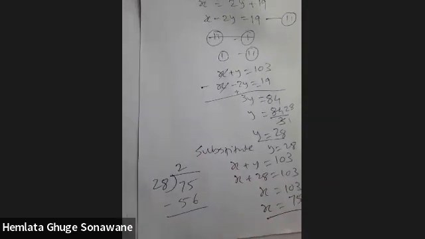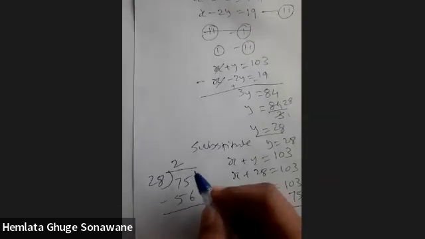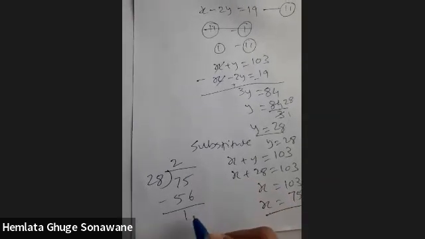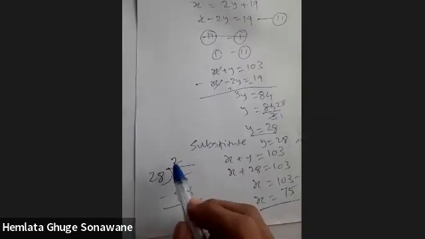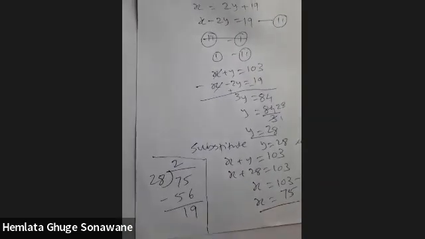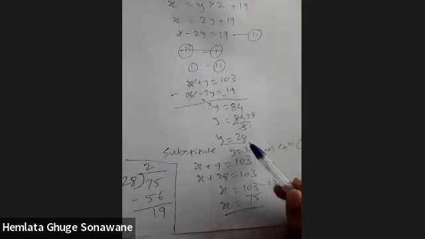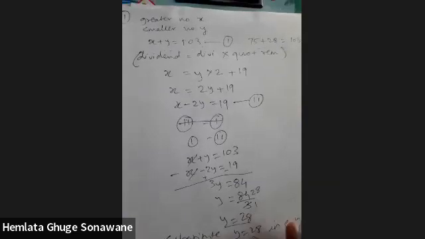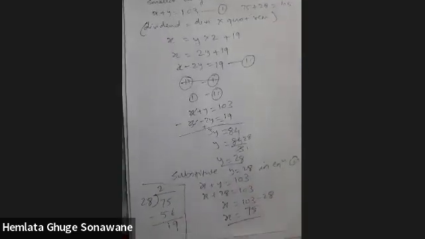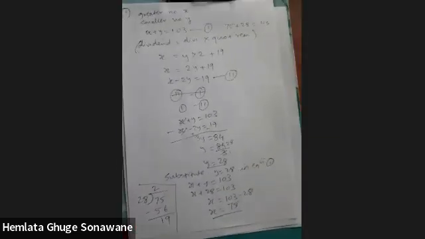We'll subtract this. 75 minus 56 becomes 19. It means it fulfills the second condition also. Whatever numbers we have got as smaller and greater, they are correct. Just go through the solution.